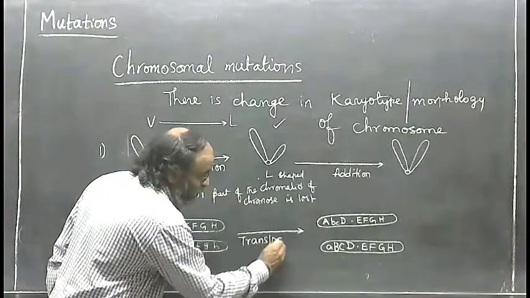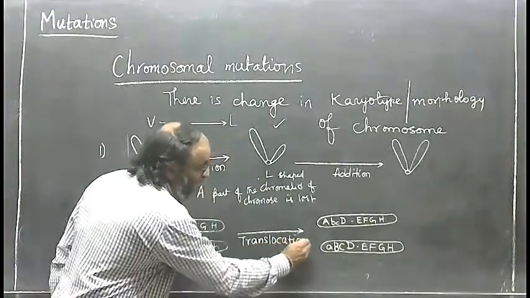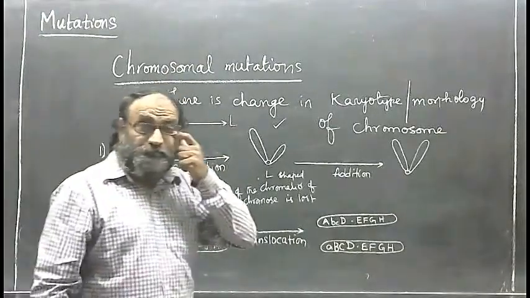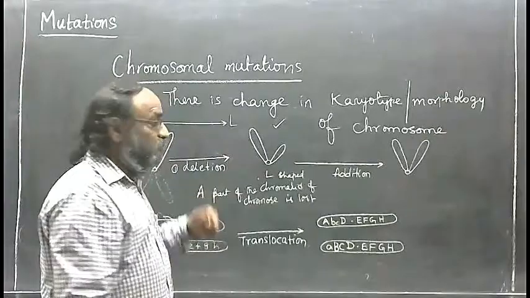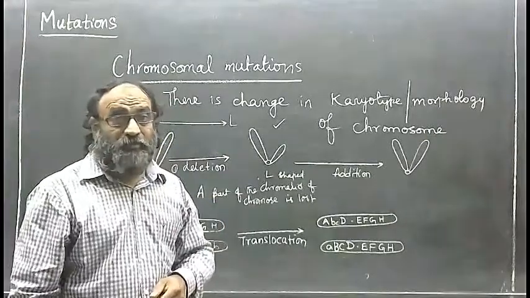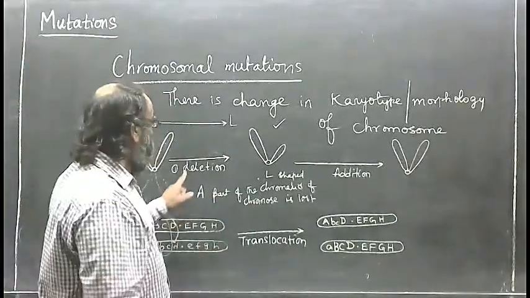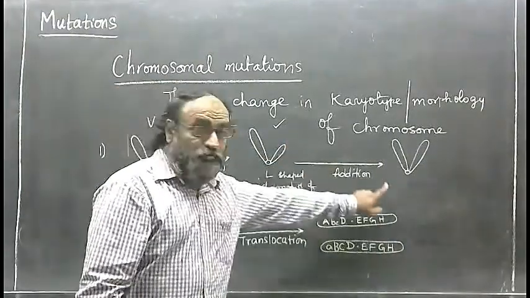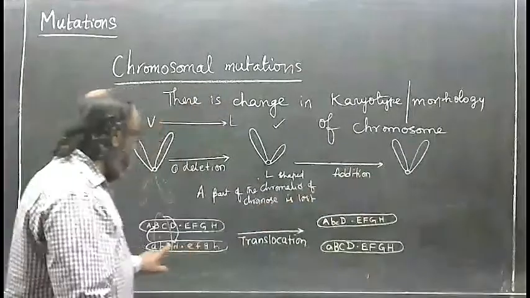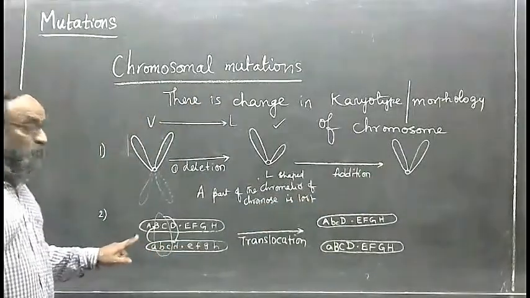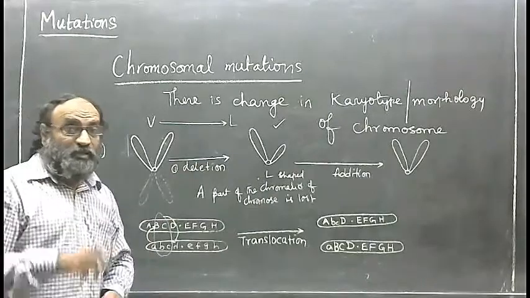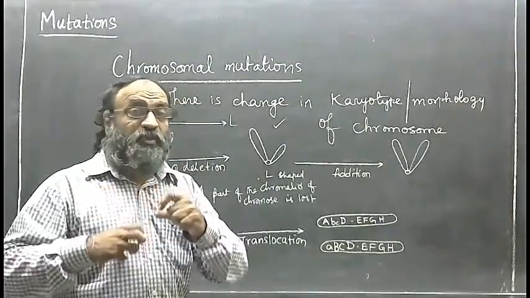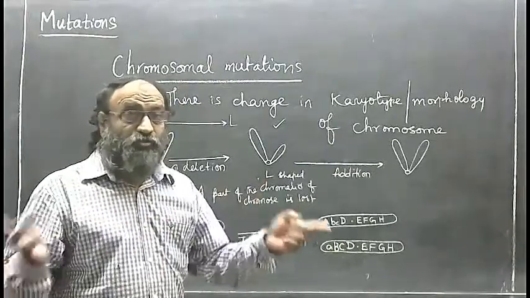So translocation is a kind of chromosomal mutation. The chromosomal mutation is due to deletion, due to addition, and due to translocation. In translocation, there is exchange of segments between two chromosomes.